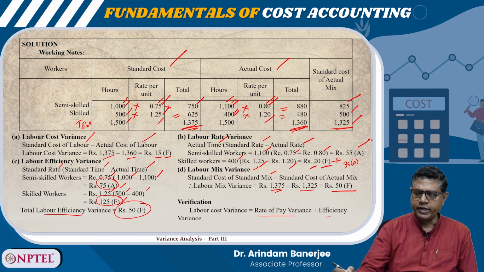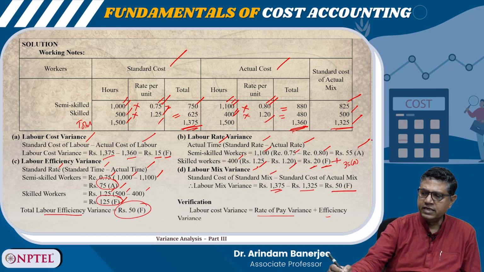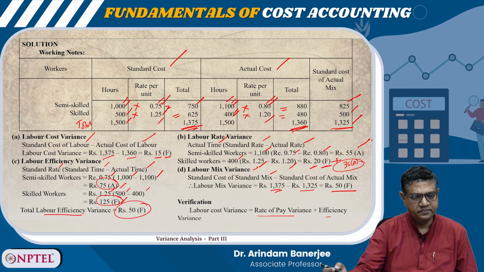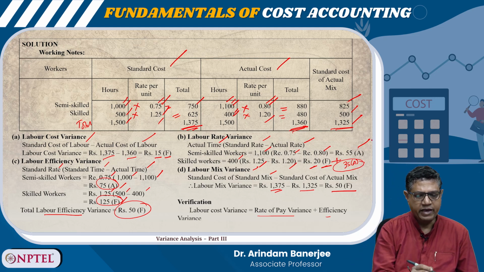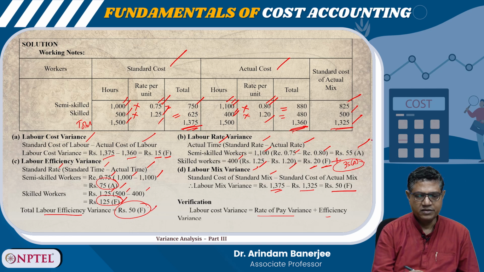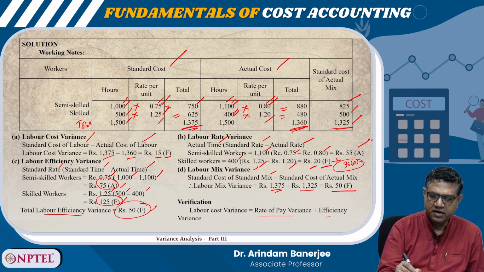Now we can do a verification. In case of labor rate variance, for semi-skilled it is 55 adverse, for skilled it is 20 favorable, so net is 35 adverse. For efficiency, we have 75 adverse for semi-skilled, for skilled it is 125 favorable, so it is 50 favorable.